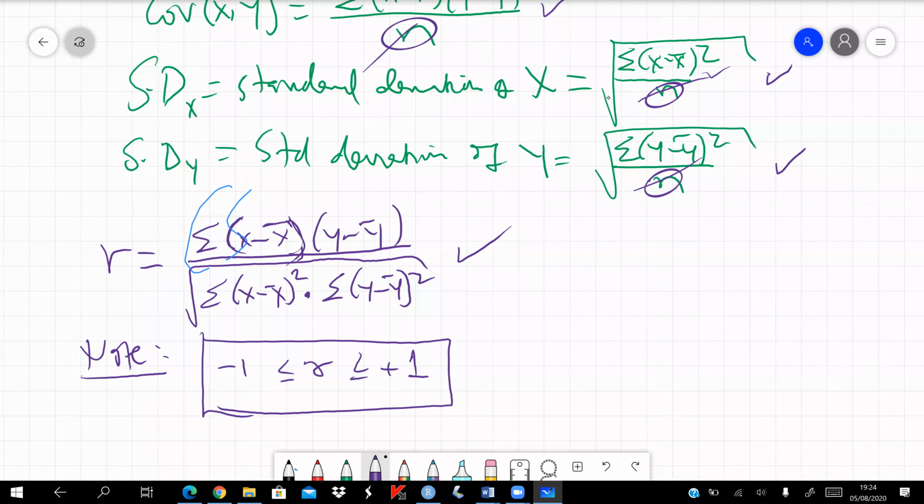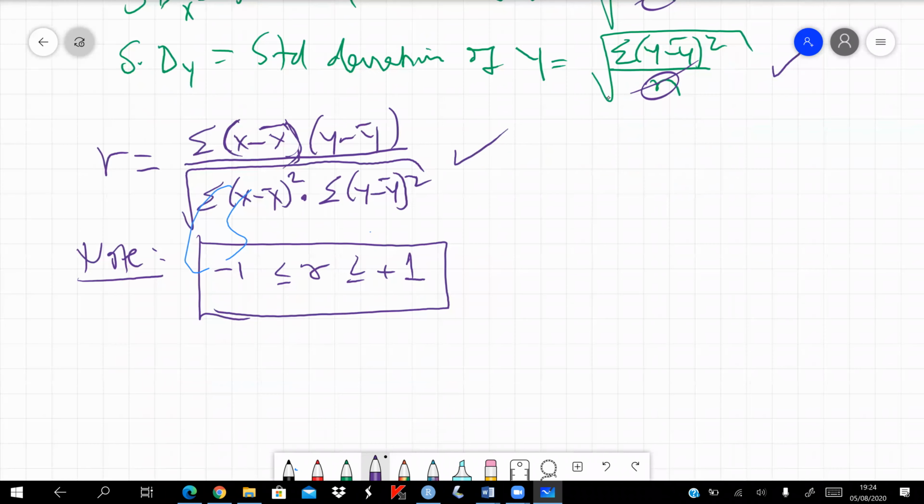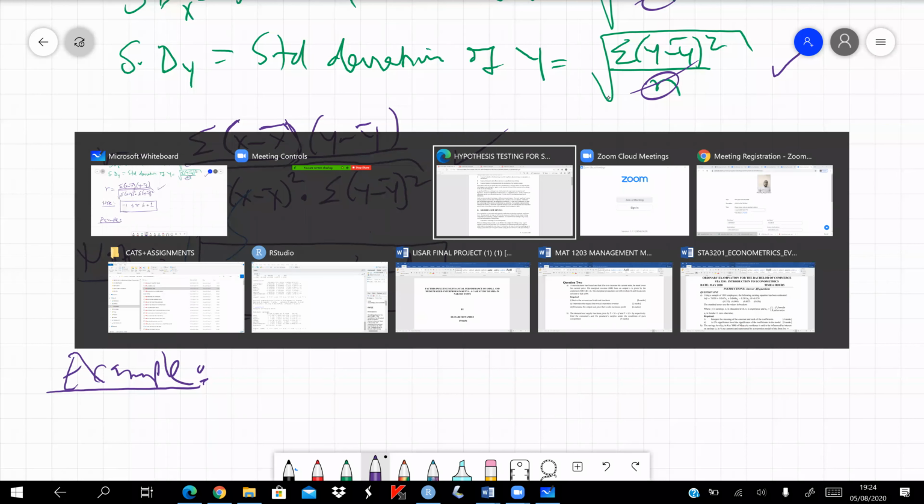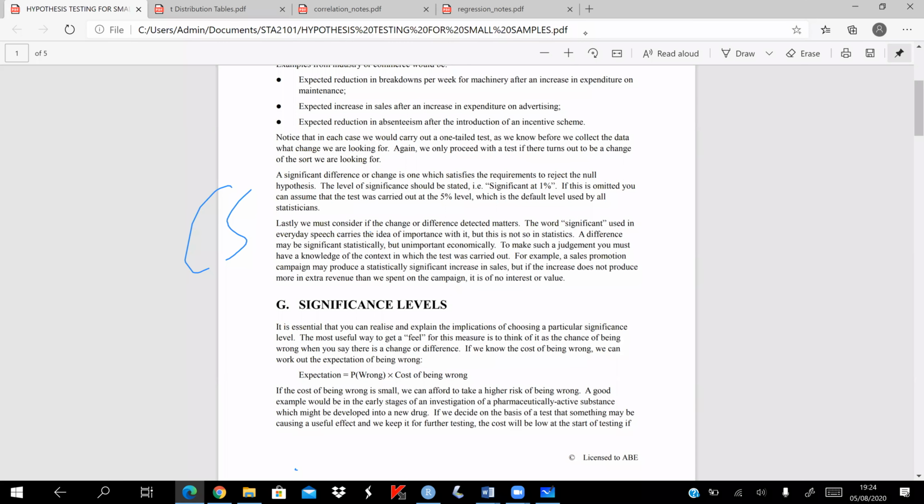R is a number between -1 and +1. That's true for all the correlation coefficients. So let's have an example. Let's pick the example from the notes.